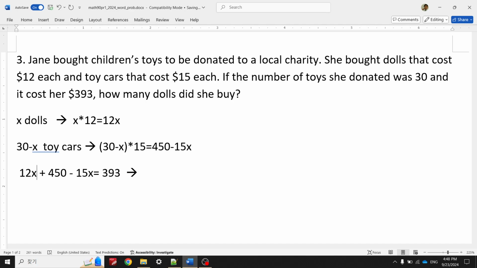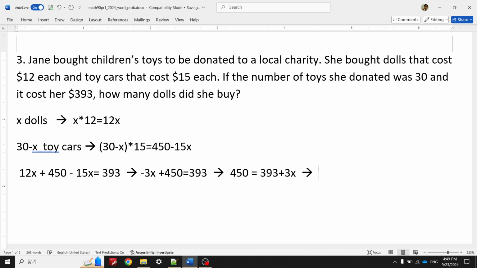And 12x minus 15x is minus 3x, plus 450 equals 393. Let's add 3x to both sides. So that becomes 450 equals 393 plus 3x.